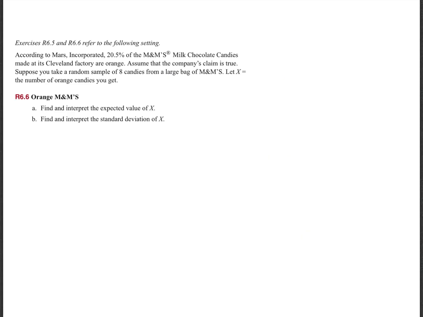Okay, so the next one's pretty quick. This is dealing with the same setting. They say find and interpret the expected value of x. For a binomial setting, the expected value is the mean, and it's really just the number of trials, or the sample size, times the probability of a success. The size was 8, and the probability is 0.205, 20.5%.